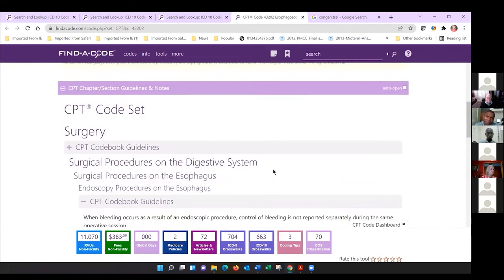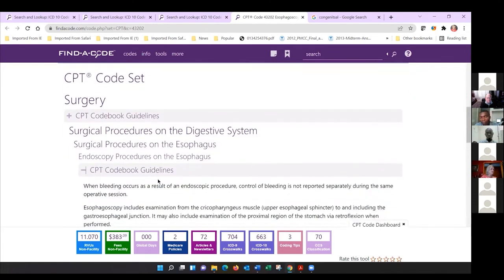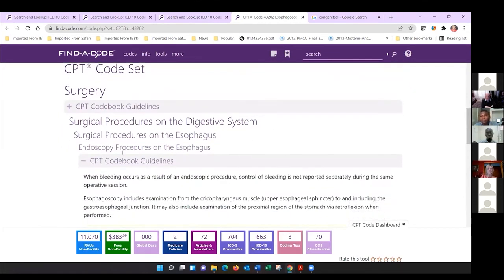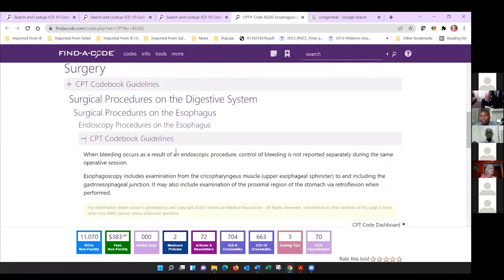But our guidelines, see, if you come back and you read this, when bleeding occurs as a result, let's say something had happened in the procedure and they did control of bleeding just by cauterizing it. It's telling you right here, it's not coded.